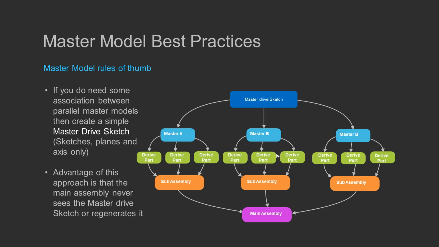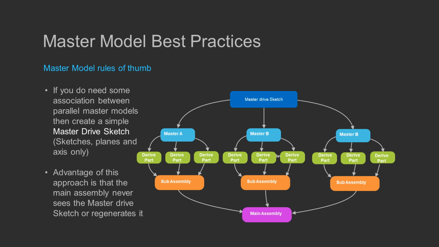When it simply cannot be done that way, and that is that you have various masters in your design that all have to share some key start component geometry, then what I would suggest is to create a master drive sketch that could be used by various masters.